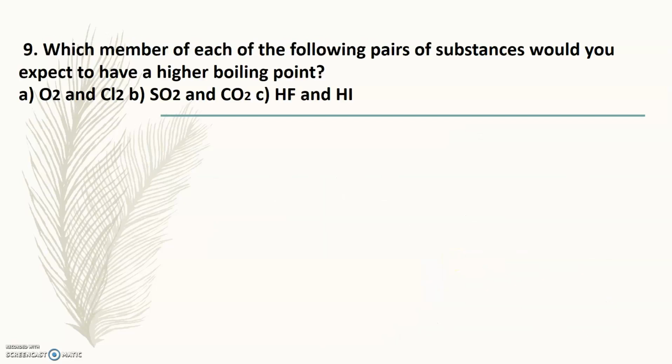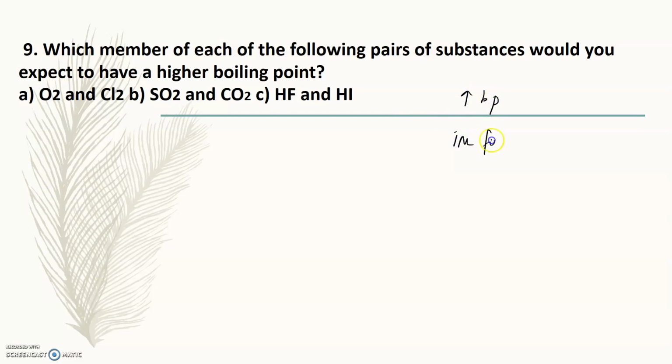Okay, next question. Which member of each of the following pairs of substances is expected to have the higher boiling point? For A, oxygen and chlorine. So how do we know whether a molecule has a high boiling point or not? We depend on the intermolecular forces.